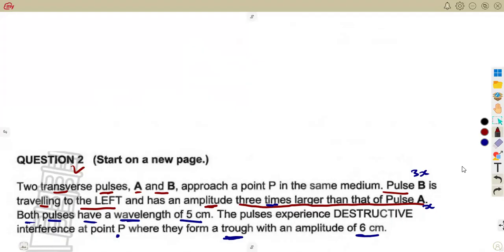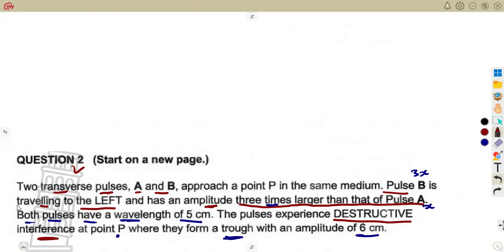And we are given that B, as it is going to the left, has an amplitude 3 times larger than that of A. And both have a wavelength of 5 centimeters. Remember the condition when it is a destructive interference.